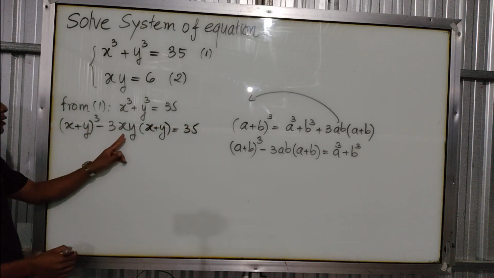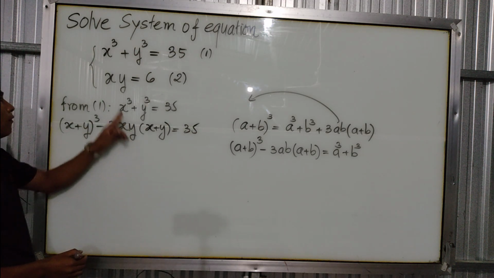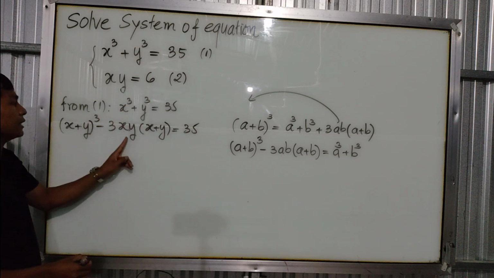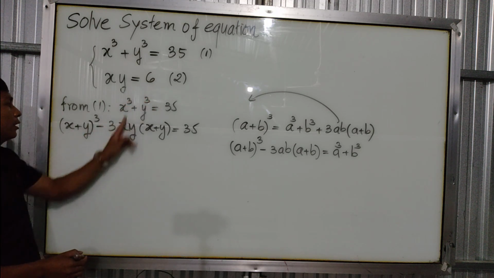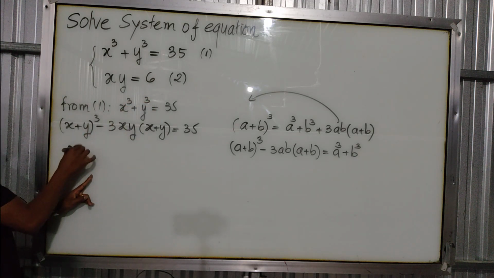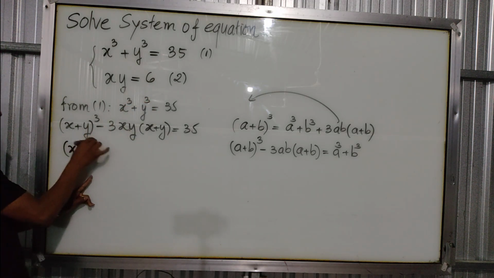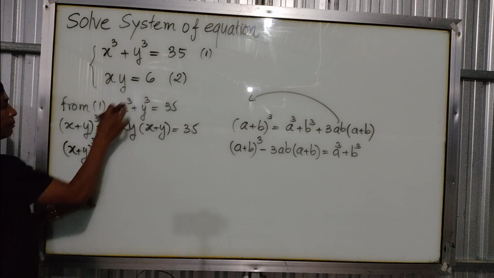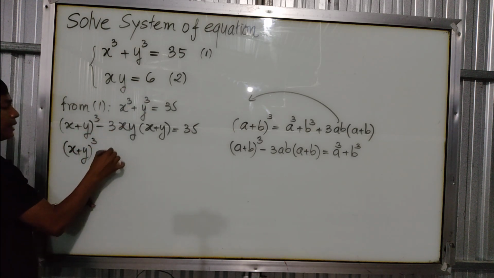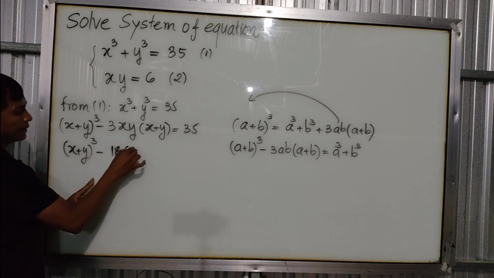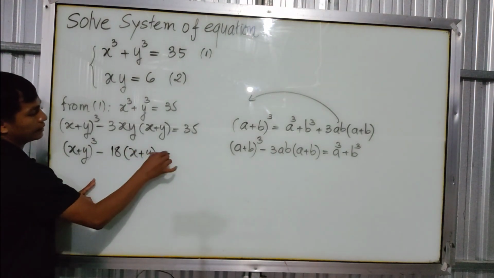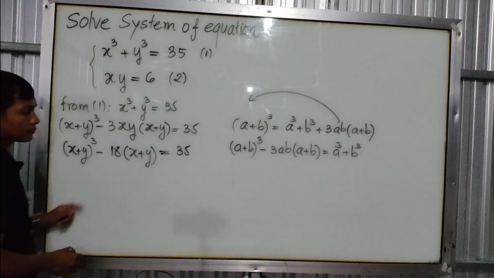We know x multiplied by y is equal to 6, so I replace it by 6. We get (x plus y) all power 3 minus 6 multiplied by 3, which is 18, multiplied by (x plus y), equals 35.